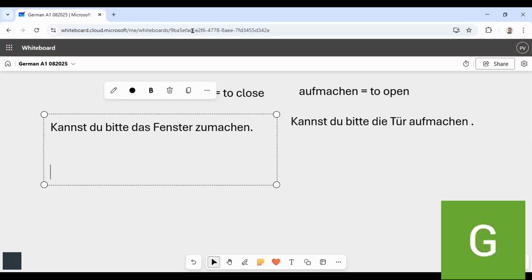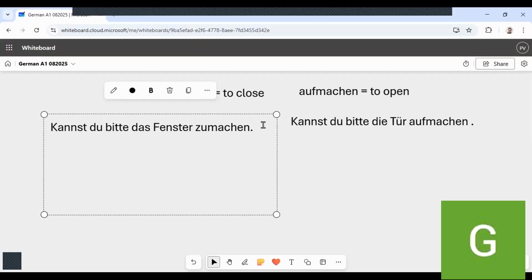Machen du bitte chips packet, sorry. That is for opening, right? Yeah, chips packet aufmachen. Der Tür, die Tür, yeah.